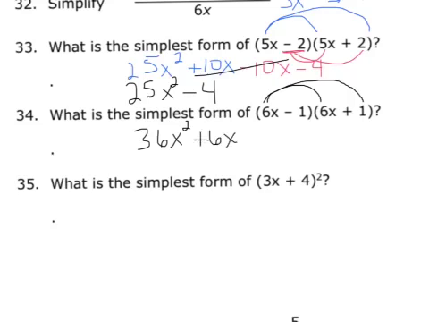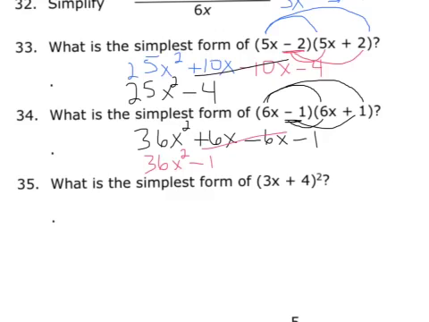And then we're going to take the negative 1 here and distribute it to each piece. So negative 6x. And negative 1 times 1 is minus 1. We will combine the like terms. So 6x and a negative 6x combined is 0 x's. So I'm left with 36x squared minus 1.